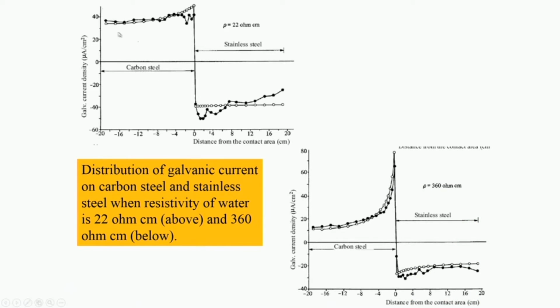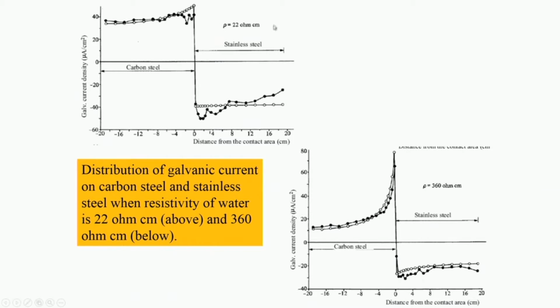This is the case for carbon steel and stainless steel combinations. The galvanic corrosion current density of carbon steel is much higher than that of stainless steel, which is basically non corroding in nature. It also depends on the resistivity of the environment solution, particularly in water, where resistivity is quite low.